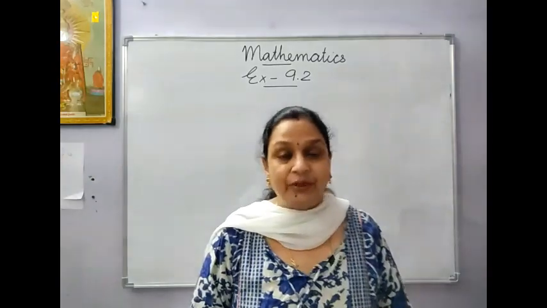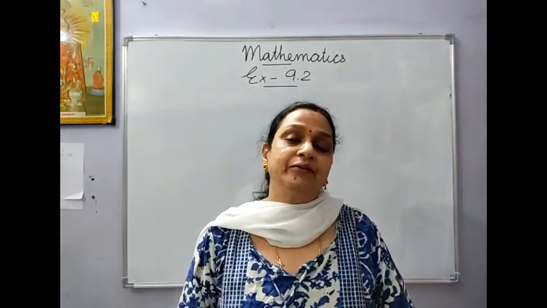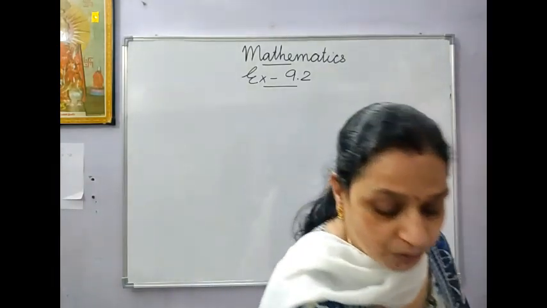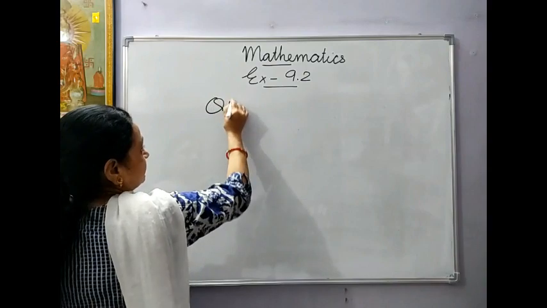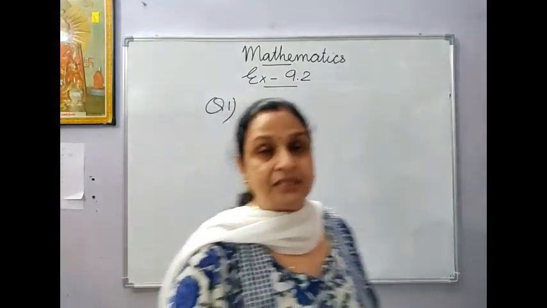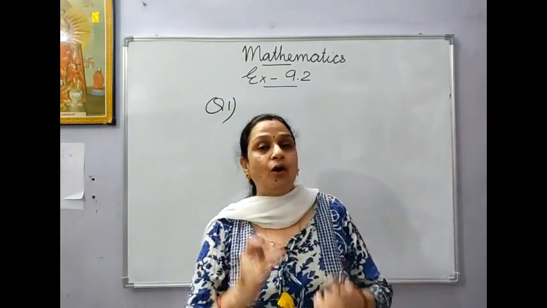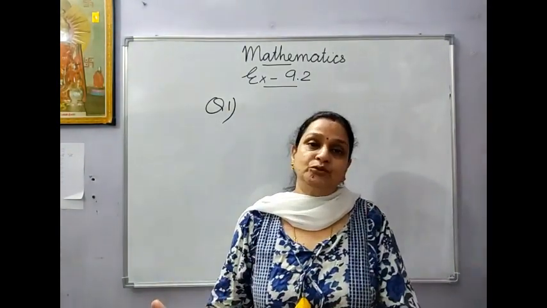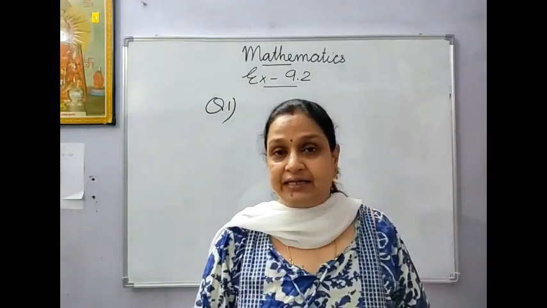Before I start with question number 4 of 9.2, I want to make certain things clear from question number 1, same exercise, which is greater. Children, I have shown you one method in which you have converted all the smaller units into higher units, and then you have compared which one is greater. That is right.